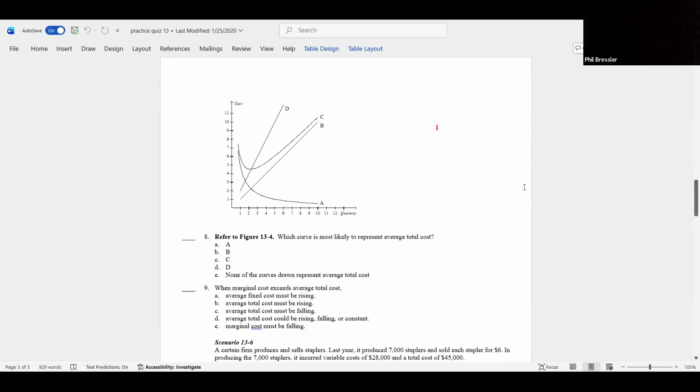Did you want me to go over the curves again on 13.4? Or did you just think it was blank? Oh, you need A. Let me see what A is. A is average fixed cost. I know that, Mikey, because average fixed cost always goes down as output increases. But honestly, after this quiz, you'll probably never see an average fixed cost curve again.